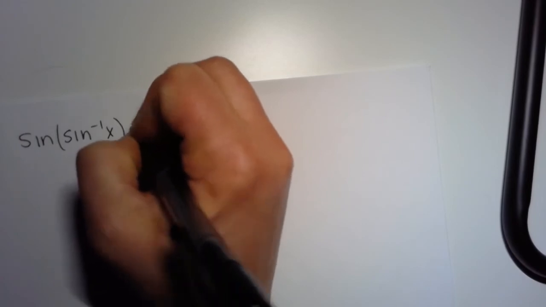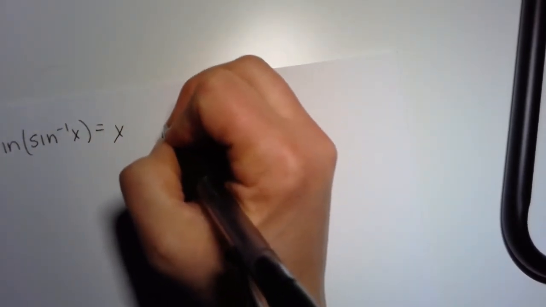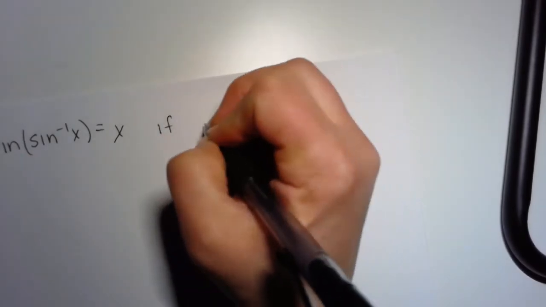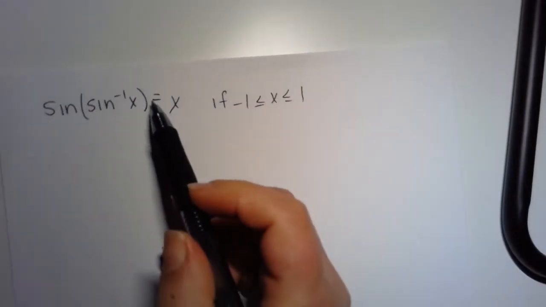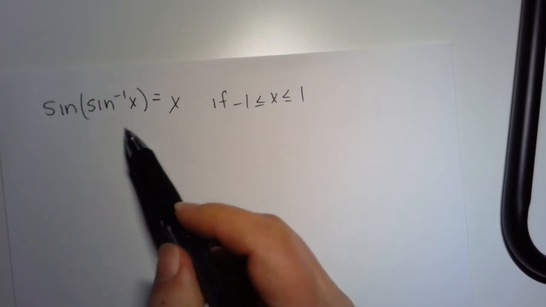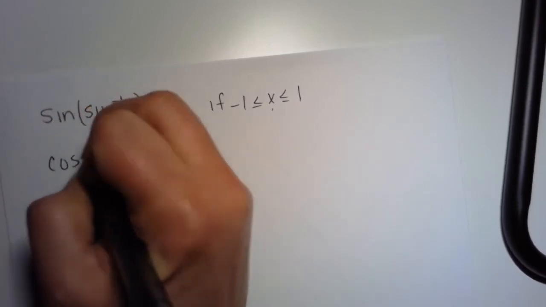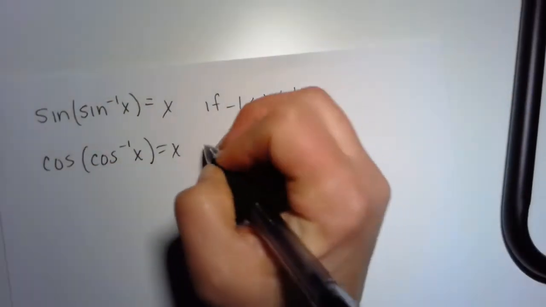So if I have sine of arc sine, this is equal to x, but only if x is between 1 and -1, okay? Because remember, we always start from the inside, and this has that restriction on it, okay? And cosine is the same way. This is the same thing.